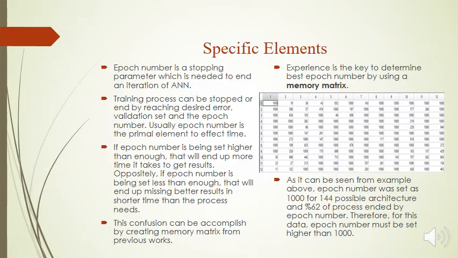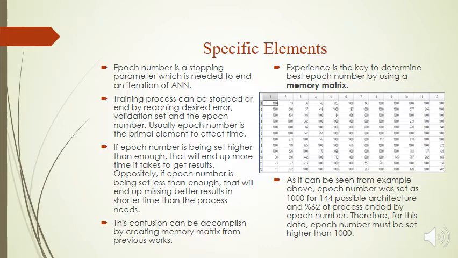Epoch number is a stopping parameter which is needed to end an iteration of artificial neural networks in the modeling process. The training process can be stopped by reaching the desired error, the validation set, or the epoch number. Usually, epoch number is the primary element to affect time.